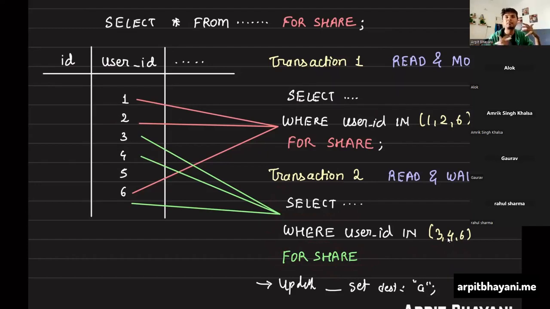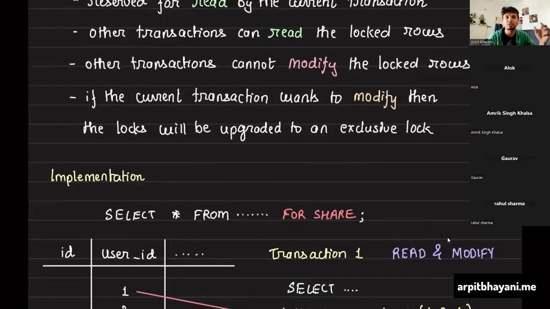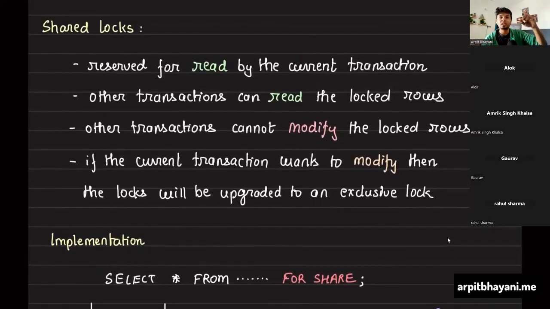Why would we want to do that? Shared locks are read locks. When a transaction acquires a shared lock on a particular row, the transaction having that lock is allowed to read the row.